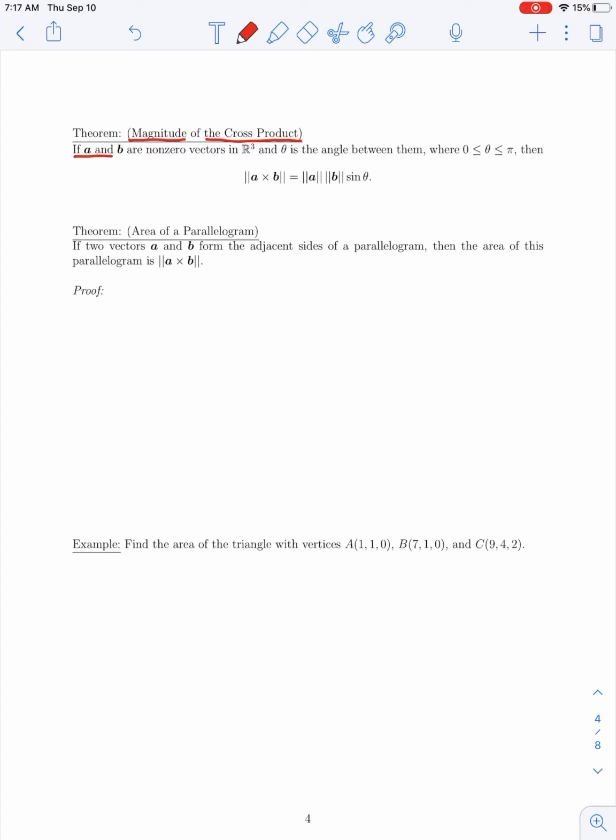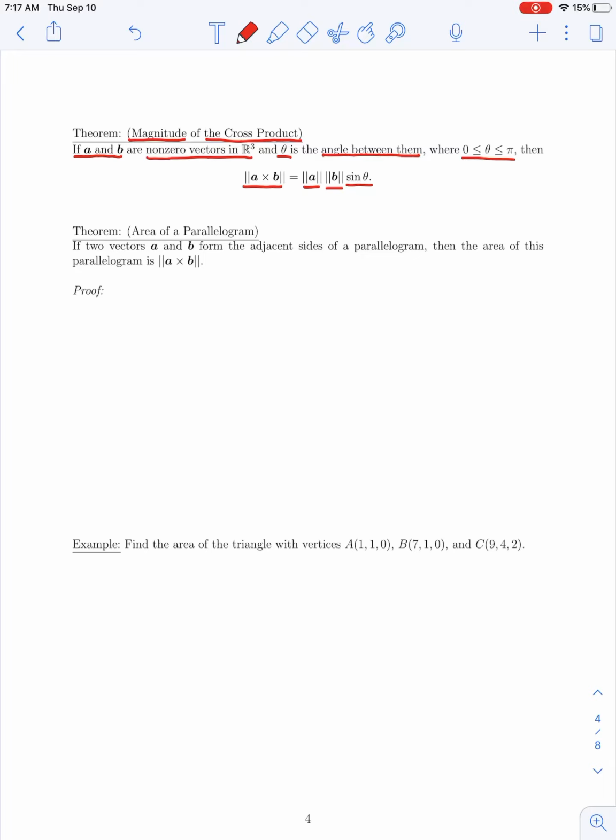So this theorem says if A and B are two non-zero vectors in R3, and theta is the angle between them, where theta is between 0 and pi, then the magnitude of the cross product of A and B is given by the product of the magnitudes of A and B times sine of the angle theta between those values.